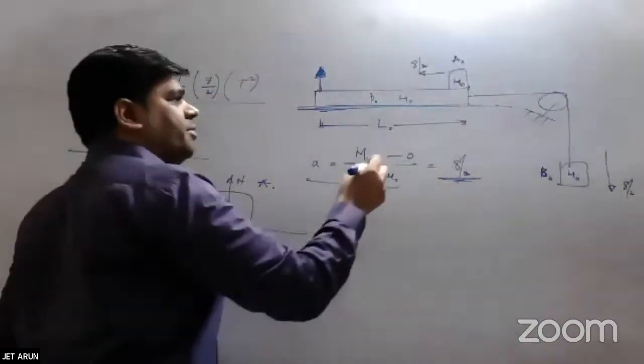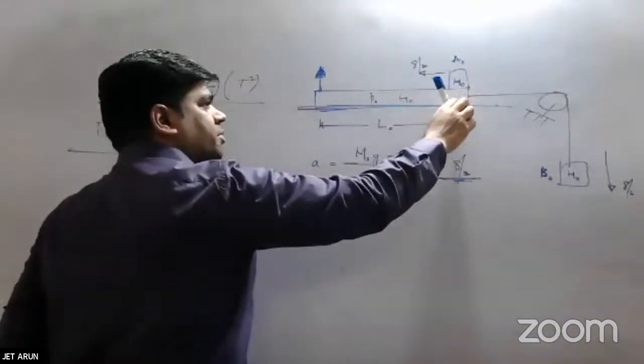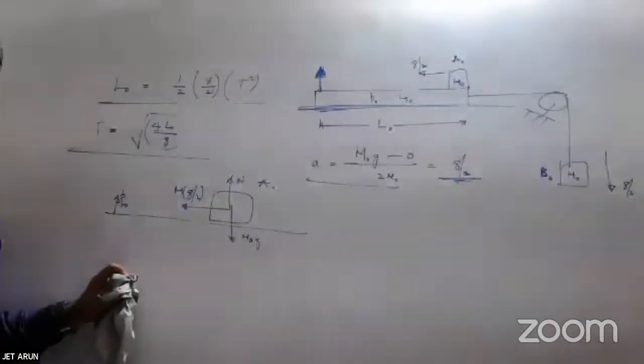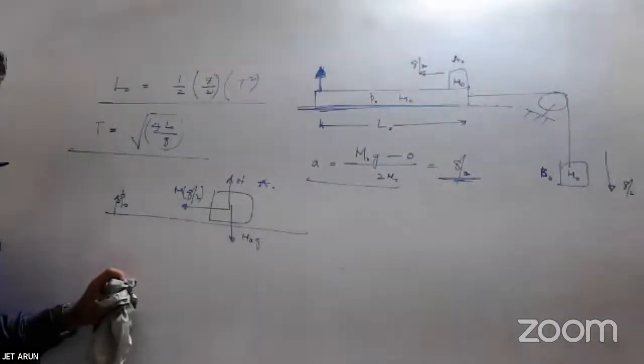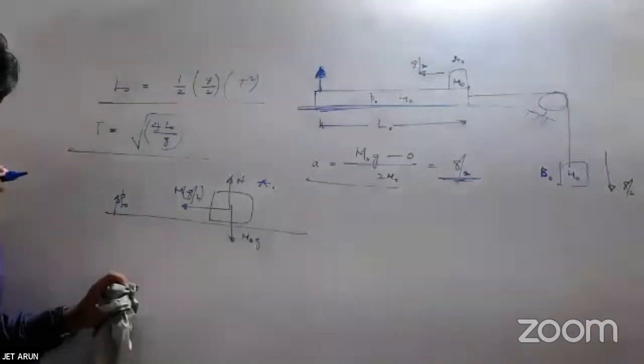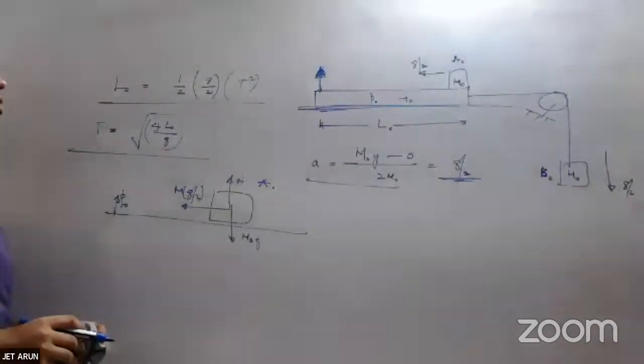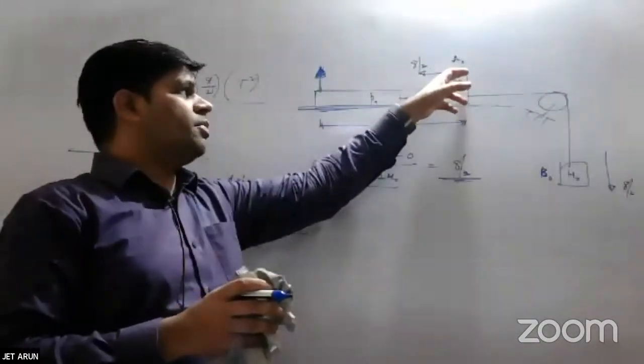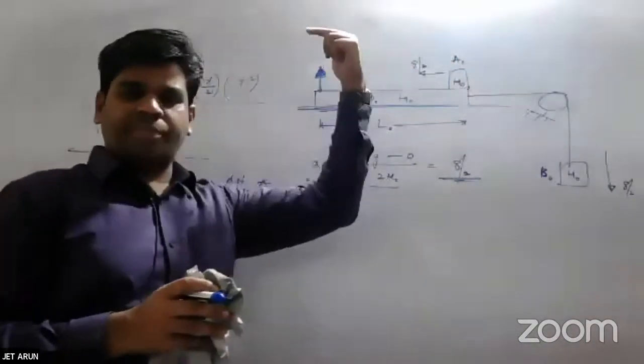S is equal to ut plus half a t squared application. Is it okay? Yes, sir. Acceleration g/2. Why is it g/2? Because my plank is going towards right with g/2. The acceleration of block A with respect to the plank is g/2 towards left.